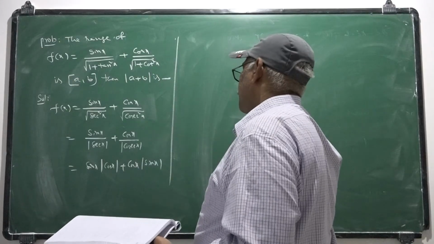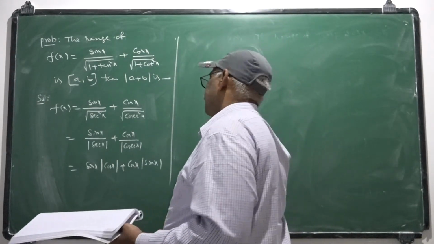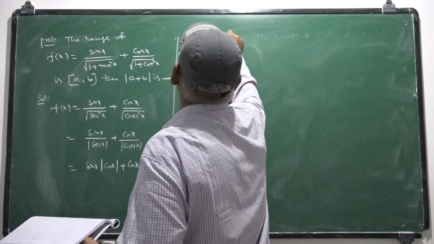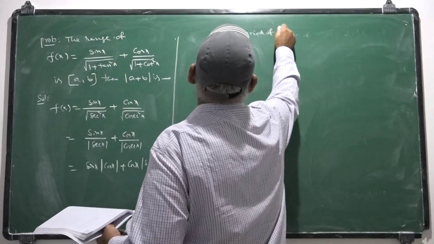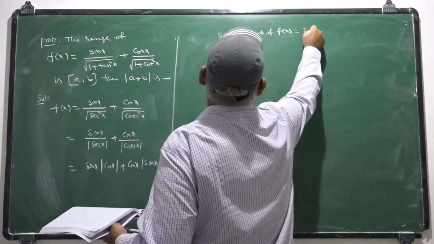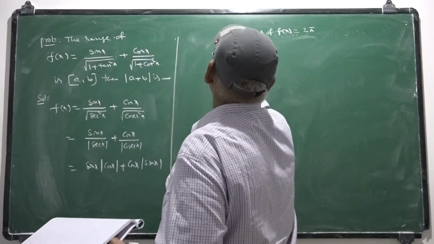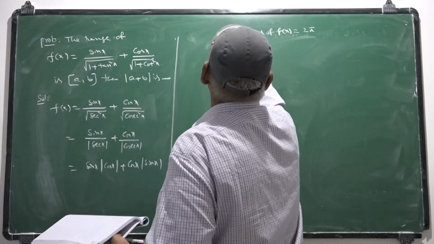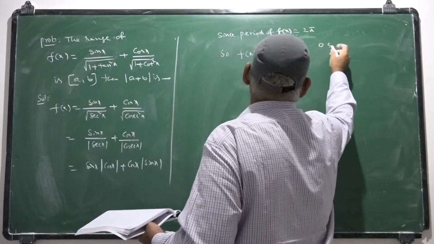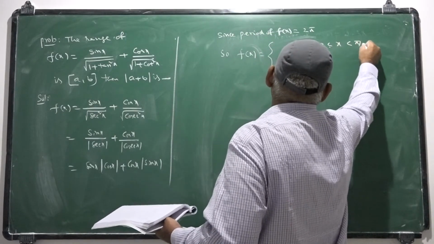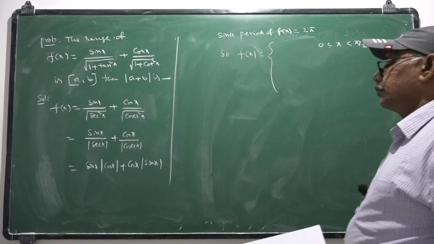The period of this function is 2 pi. Since the period of f(x) is 2 pi, let us consider the nature of the function in 0 to 2 pi. For x between 0 and pi by 2, x lies in the first quadrant.